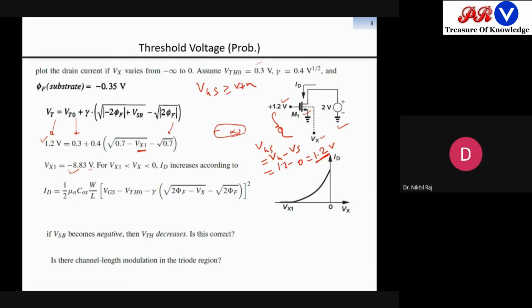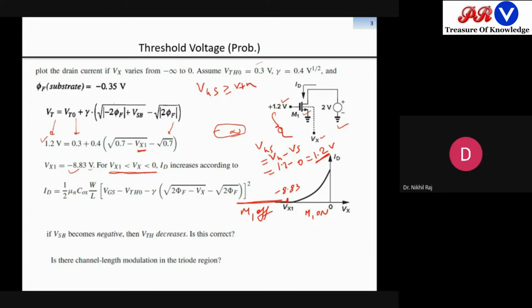This means beyond minus 8.83 volt, the MOSFET will go into the off condition, and this region is the on condition. Now, when the Vx value is increased from negative toward the positive direction, what happens in this region?